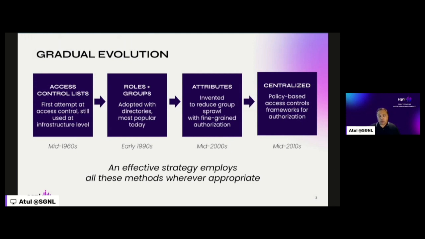You might use each one of these wherever it's needed. For example, an access control list might still be needed in a highly secure situation where you want to manage a very, very small number of people who have access to the most privileged things in your company. Whereas as you go down to the right, you get more dynamic and more centralized.